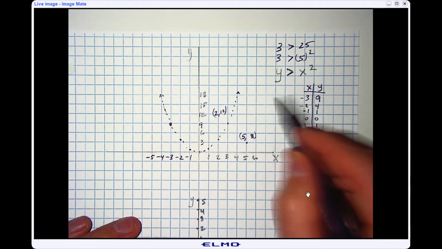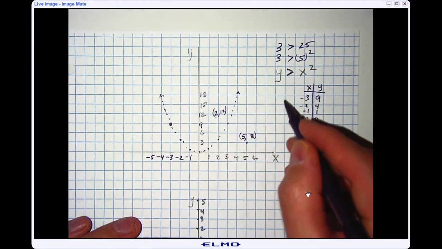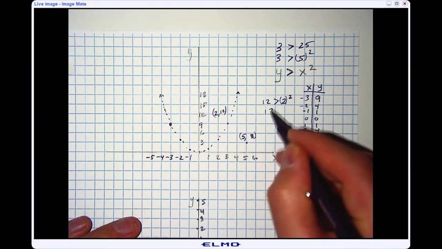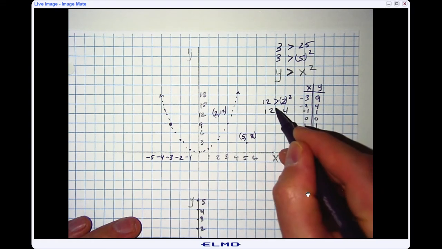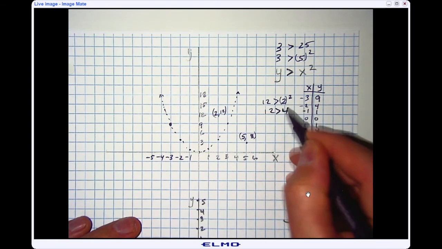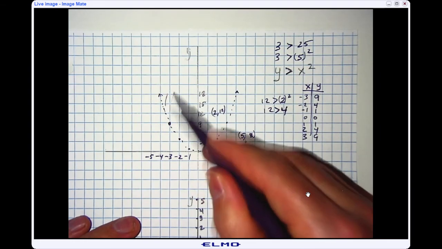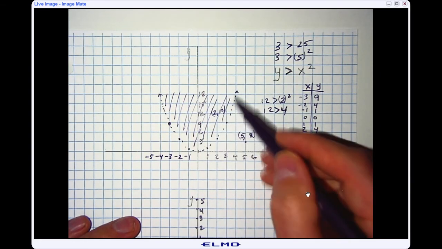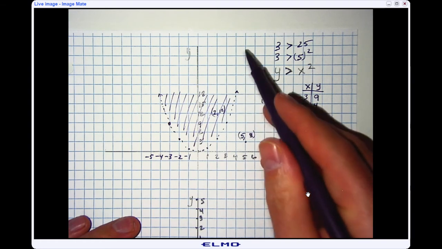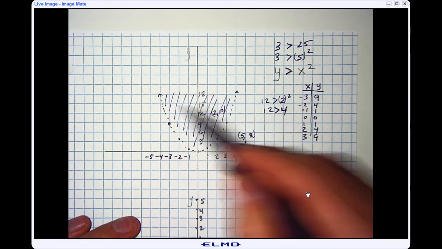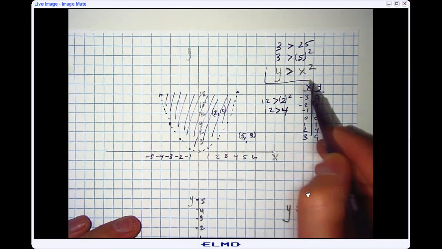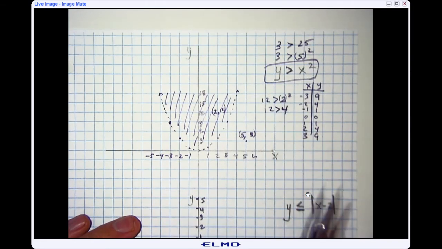So if I put in 2 for the x, so 2 squared, and I put in 12 for the y, well, 2 squared is 4, and 12 is definitely greater than 4, so I would definitely shade everything inside this parabola. Now, as it keeps on going this way, everything on the inside, all these coordinate points would be solutions to this inequality y is greater than x squared.